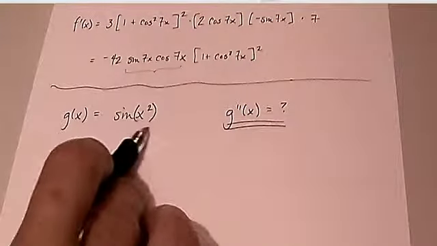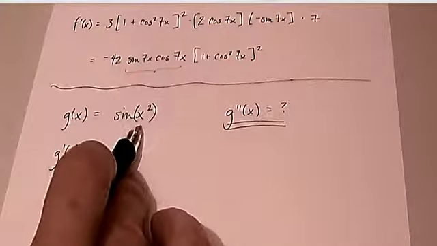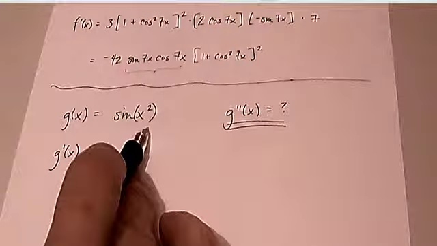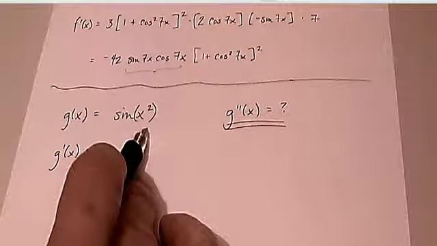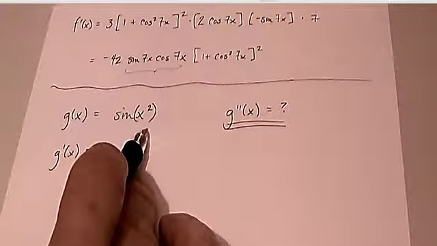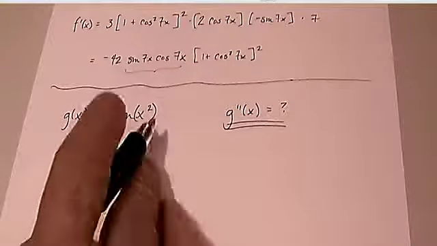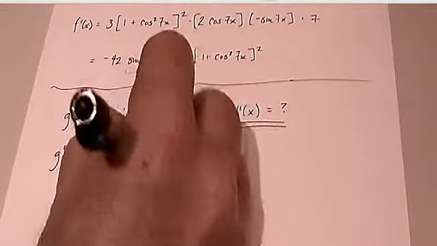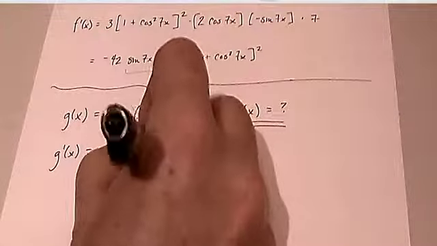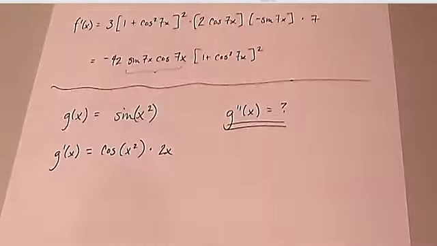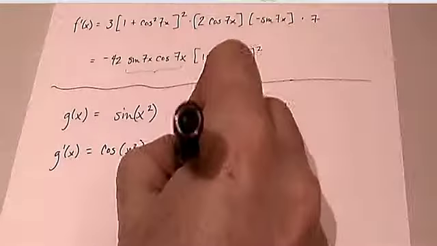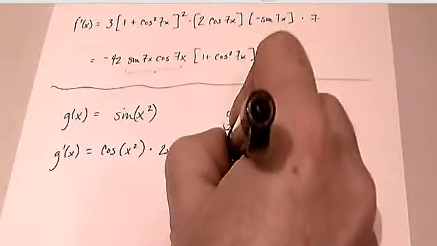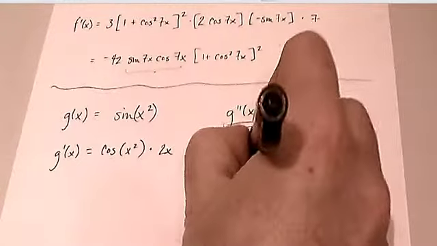So it's sort of like a visual cue for us, so don't be afraid to go ahead and change the notation, as long as you do so legally, to communicate the composition a little bit better to you. So I know that it's going to be cosine of stuff times the derivative of stuff, okay? And of course, that's going to be 2x cosine of x squared.